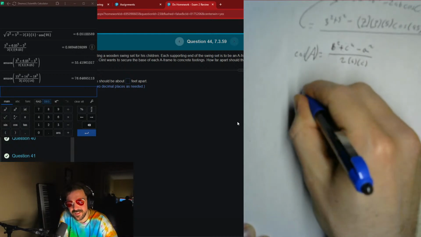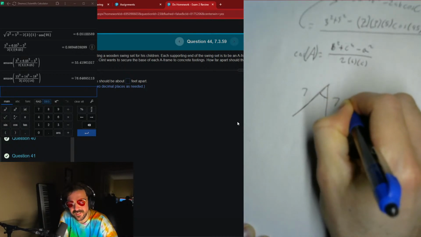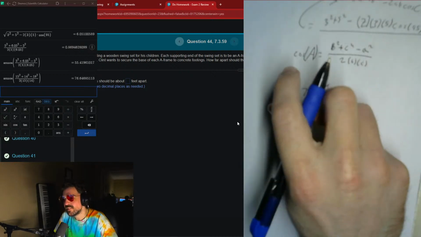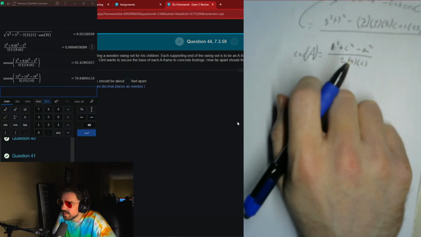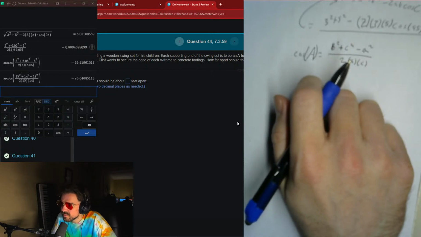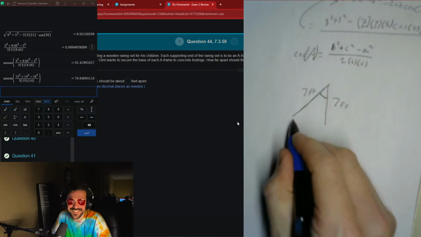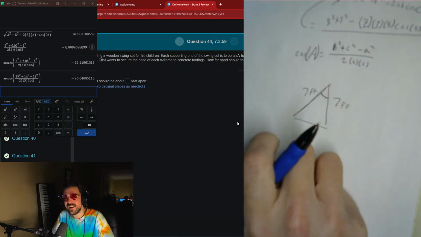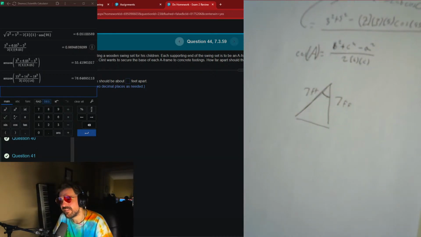And these are each 7 feet. To run the things up to switch a frame to concrete footings. Okay, so we just need to find this, right? How hard could it be?